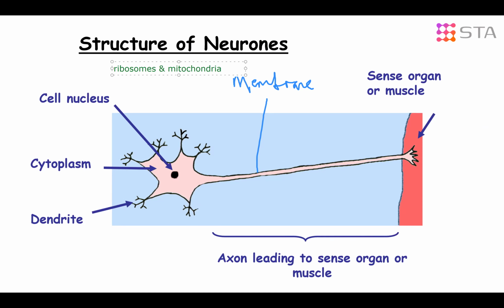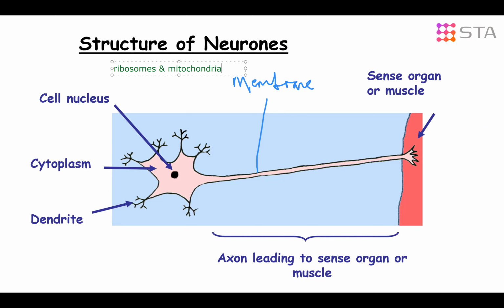So, in other words, a neuron is actually an animal cell and it's a specialized cell. It's got all of these structures, even though its features look different. Now, why am I saying this? Because there have been exam questions in the past where they've asked you to label a neuron.